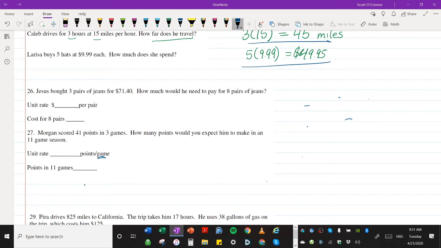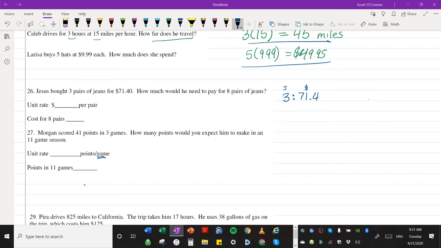You see, when we have here 3 pairs of jeans for $71.40, we could write that as a ratio. And the ratio would be 3 colon 71.4. And as I've told you in class when we did this unit in the first semester, we want to label. So the J represents jeans. There's 3 pairs of jeans. The 71.40 is the dollar amount.